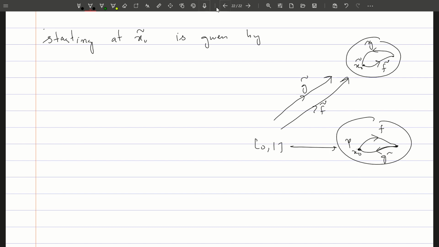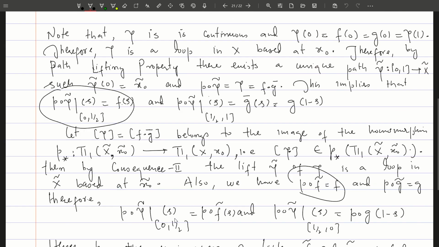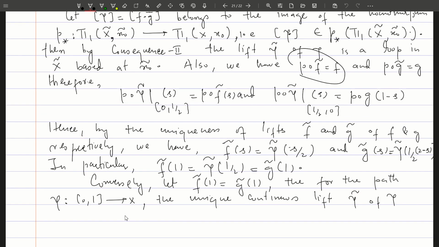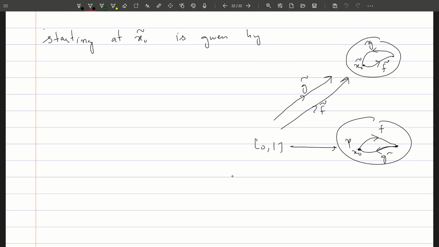Now for this gamma, which is a loop based at x naught in x, we have a unique lift gamma tilde. So this gamma tilde must be equal to the loop here, f tilde product with g tilde inverse. So this loop must be equal to our gamma tilde.